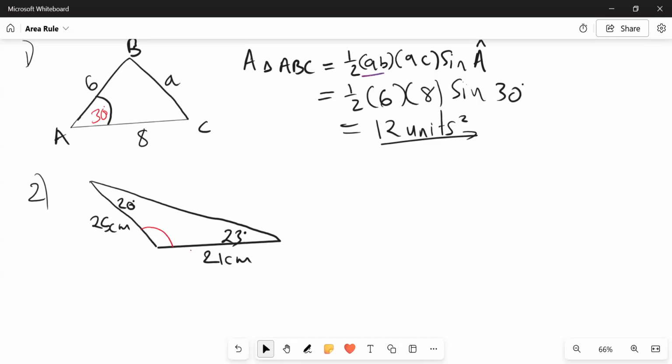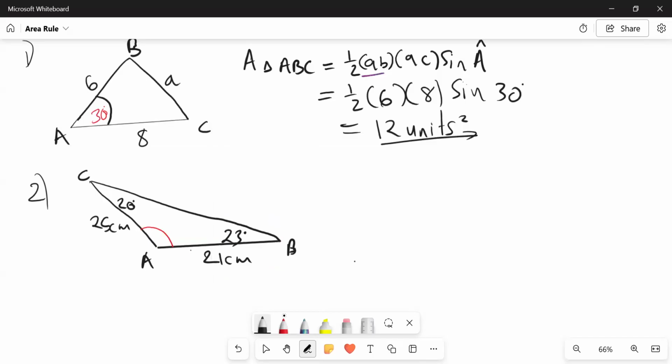So the only thing that you can do at this stage is look for your included angle. So that's A, C, and B, right? Now, how do you find your included angle? That one is not difficult because we did Euclidean geometry, right?